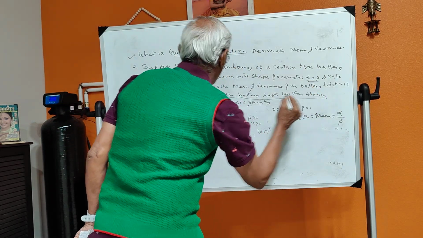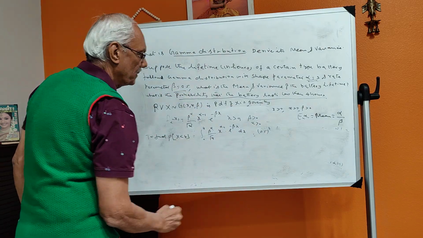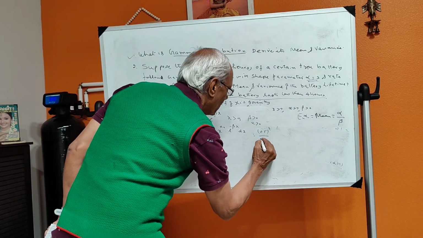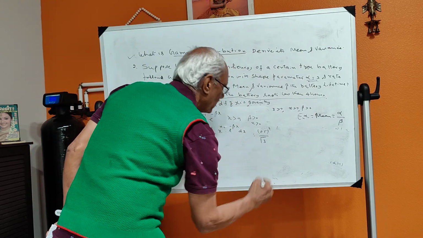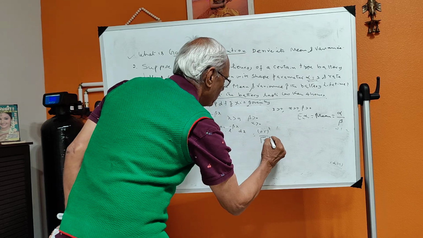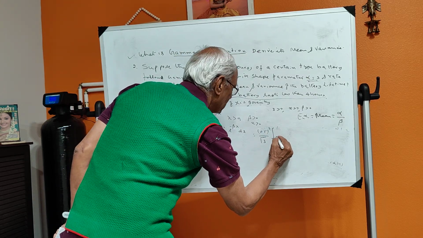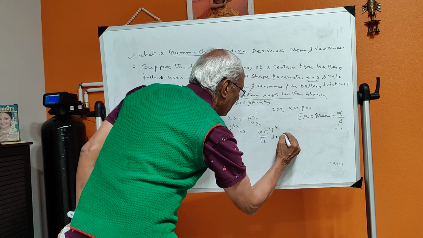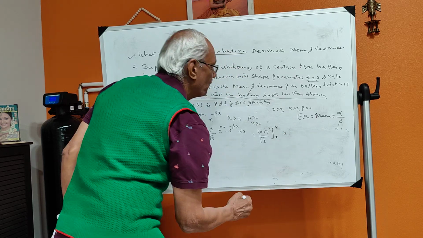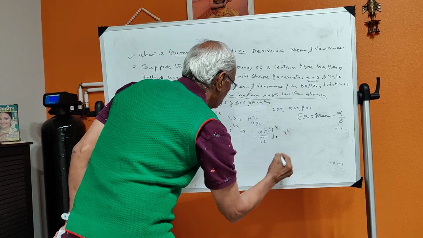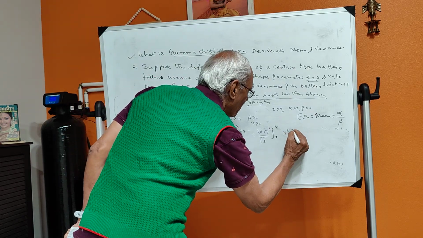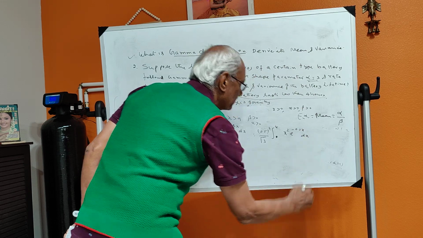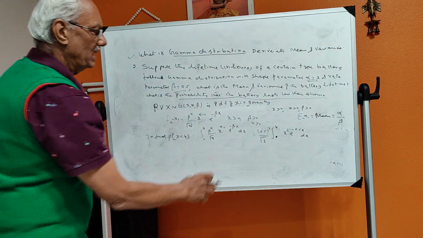So it is 0.5 to the power of 3 divided by gamma of 3, and I will take that outside, the integral from 0 to 4 of x to the power of alpha minus 1, that is 3 minus 1 is 2, into e to the power of minus 0.5 x dx. So we have to evaluate this integral.